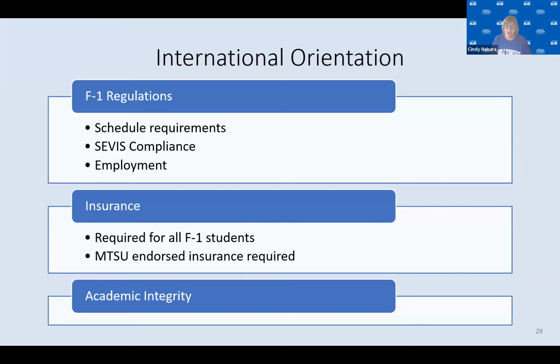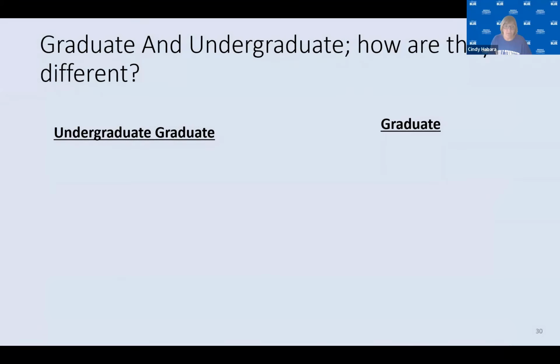It is an offense that will get you reported to the Office of Student Conduct, and you can be expelled from the university if it's egregious enough. We've learned that we have to talk about this because of the differences in the definition of plagiarism, so we will also talk about academic integrity in our international orientation.